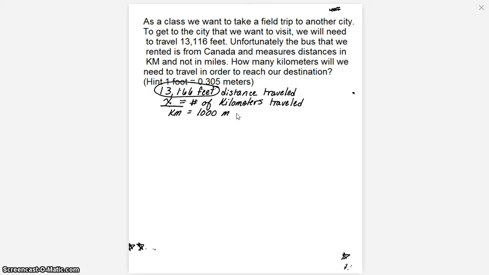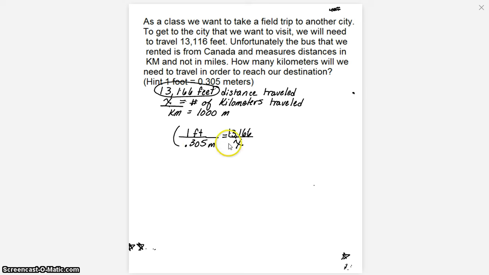So we want to go first to meters because I have feet. I want to go to meters. So if 1 foot, I can make a whole fraction from here. If 1 foot is 0.305 meters, then how many meters is 13,166 feet?